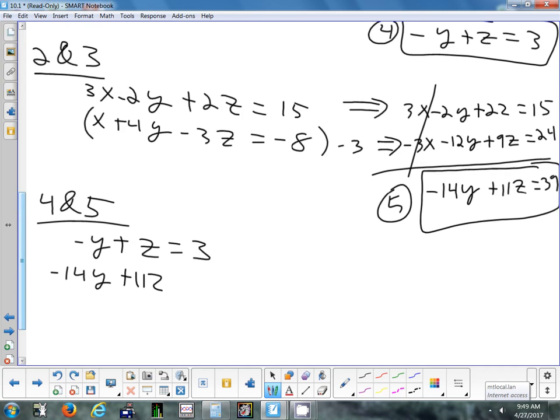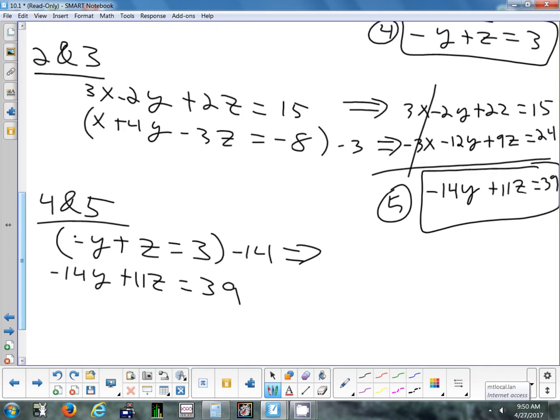-14y plus 11z equals 39. Okay, what letter do we want to try to get rid of here? Y or z? Either one is just as easy. Y, okay. What would you multiply the top equation by to make the y's opposites? -14.